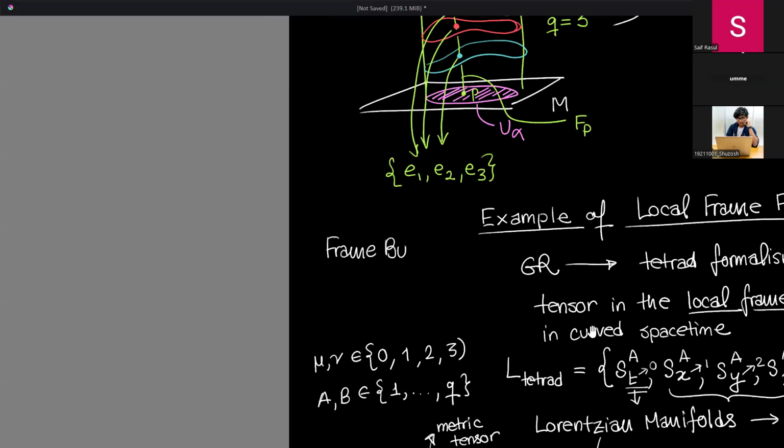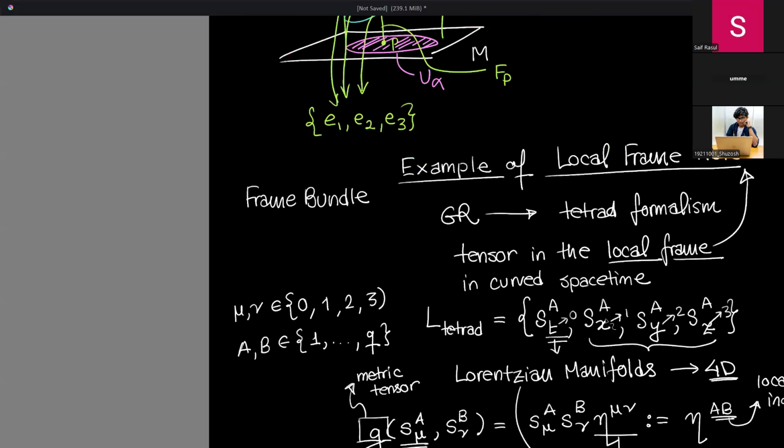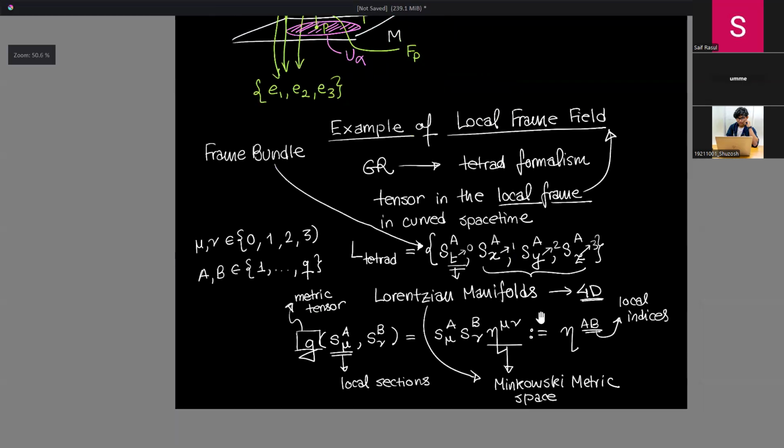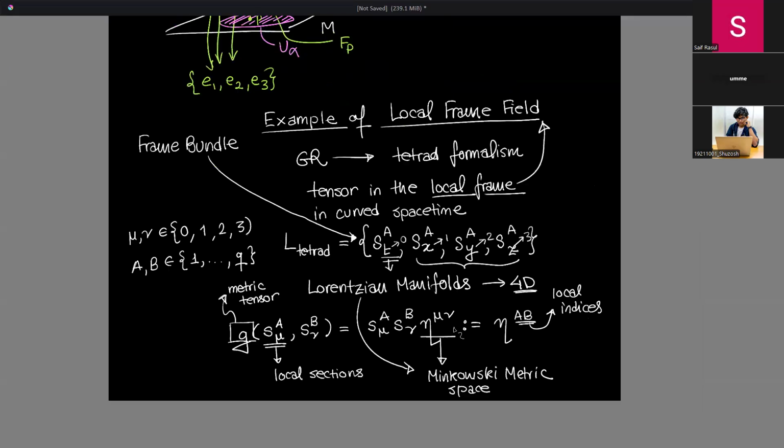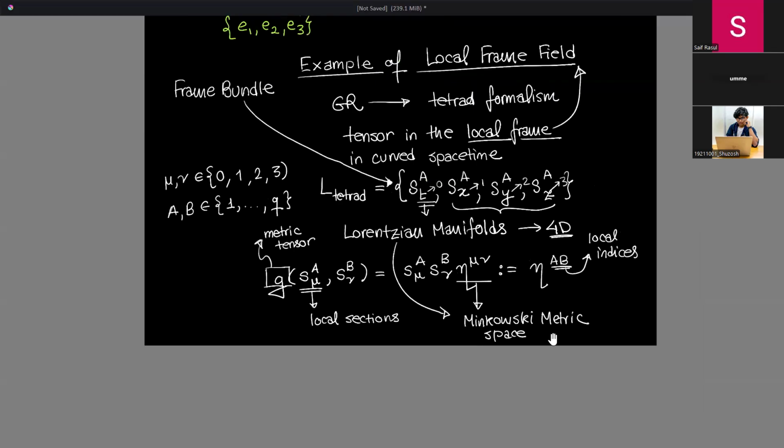A frame bundle is a bundle where the points themselves are collections of sections on the main manifold or the main bundle. So the sections of the frame bundle are local frame fields. If you want to read up more on how that works, you can look at Chern, Chen and Lam. And yeah, that is it for today.